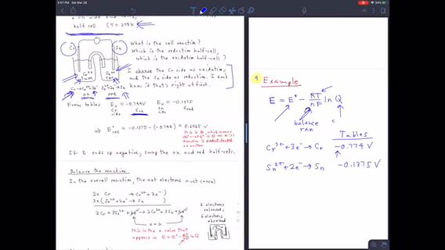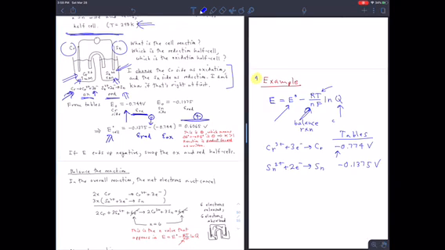Now when I go to calculate the overall cell potential, I just take the reduction number and I subtract the oxidation number, where that minus sign between the two is because I'm implicitly reversing the oxidation number, right? I'm putting a minus sign in front of the oxidation number. All right. And that gives me a value of 0.6065 for the standard state cell potential. Now, this is a positive value.